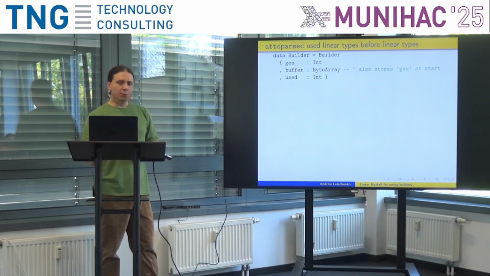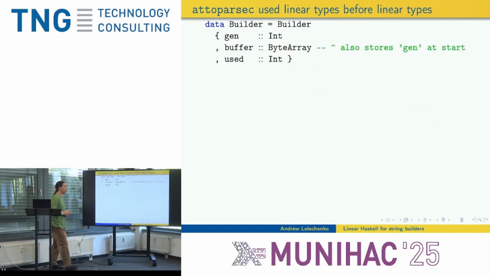And it appears the first attempt to use linear types for this problem is hidden in a dark corner of the attoparsec library. And it's 11 years old by today. So it was implemented way before linear types appeared in Haskell.